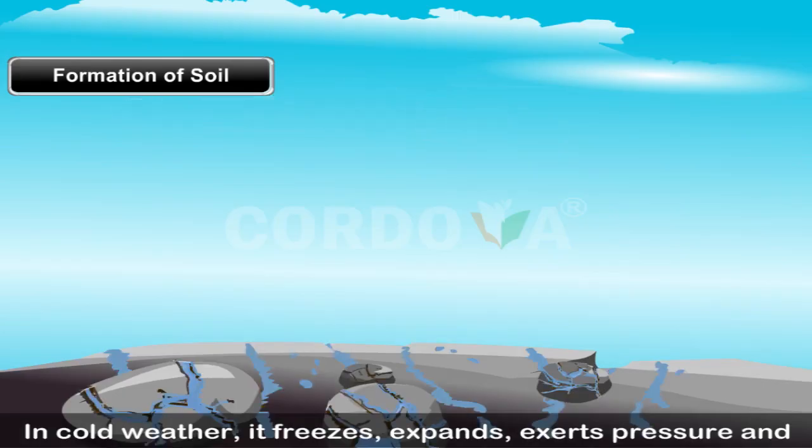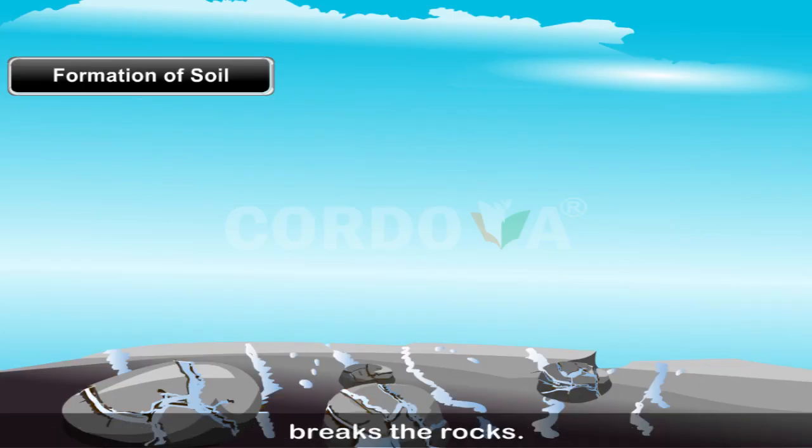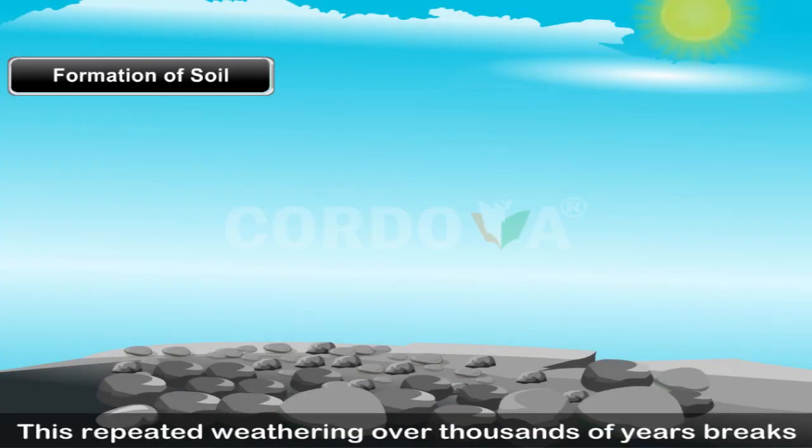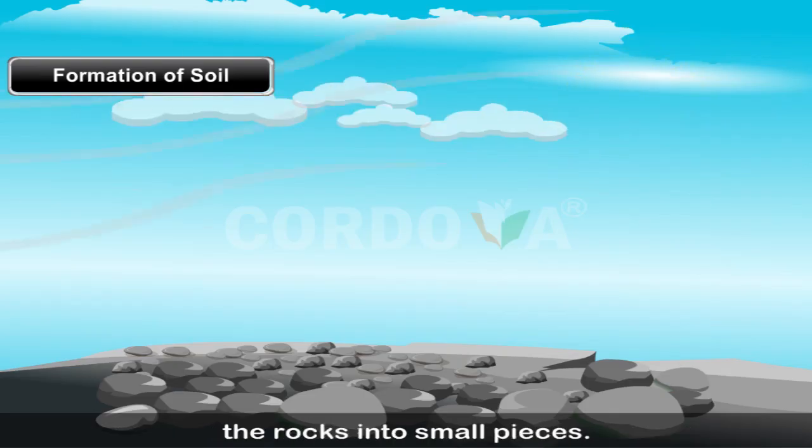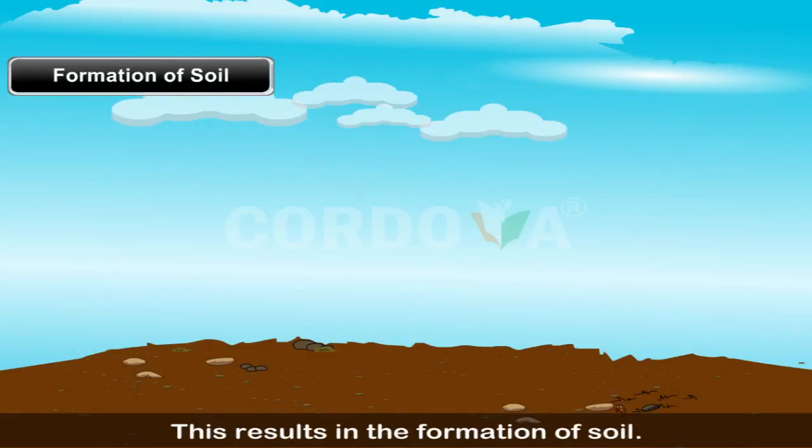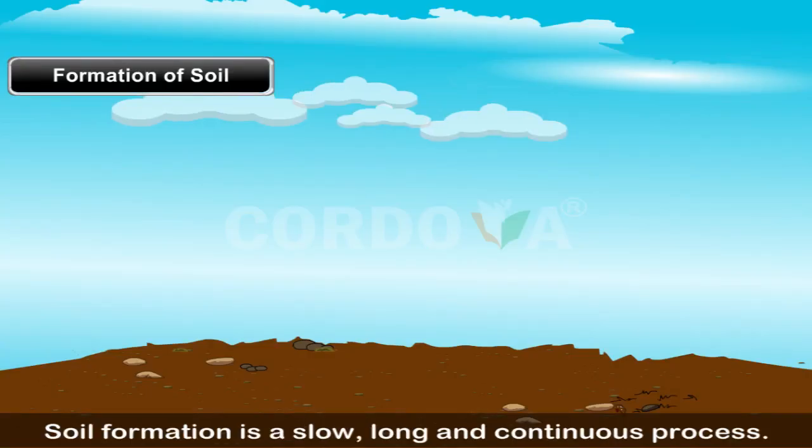In cold weather, it freezes, expands, exerts pressure, and breaks the rocks. This repeated weathering over thousands of years breaks the rocks into small pieces. This results in the formation of soil. Soil formation is a slow, long, and continuous process.